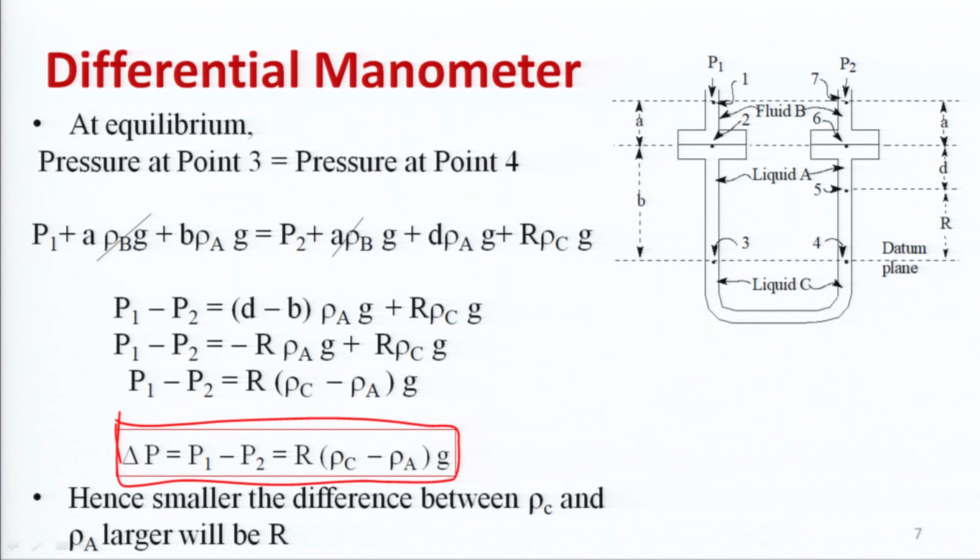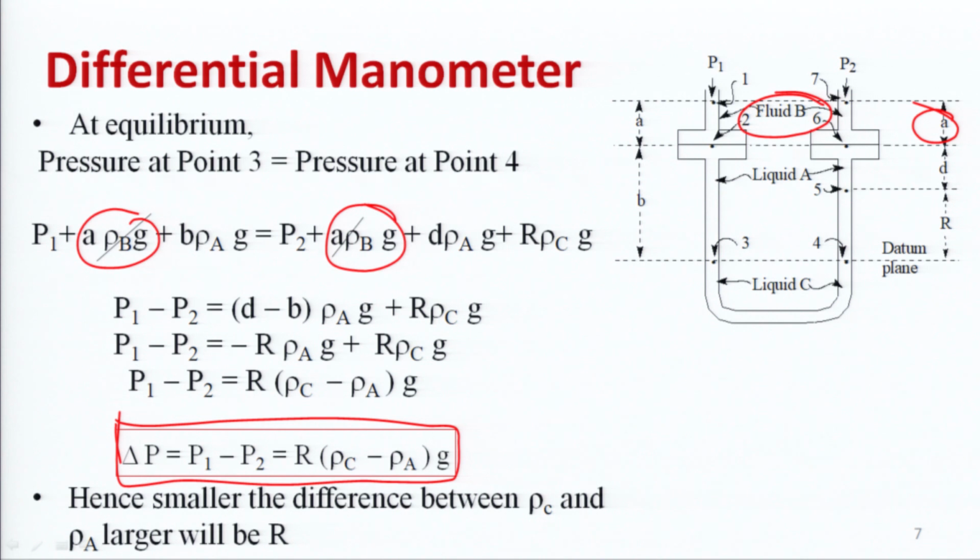So, if you focus on this equation, you will find that A is missing from the equation. That means, here also the measurement of pressure is independent of the value A. Second thing, density of liquid B is also not there, that is equilibrated on both the sides and it is cancelled in the first step itself.